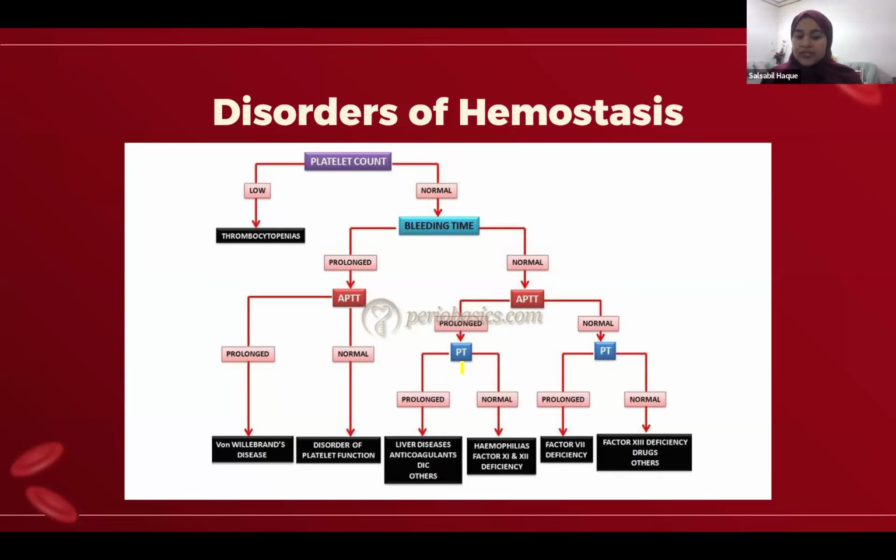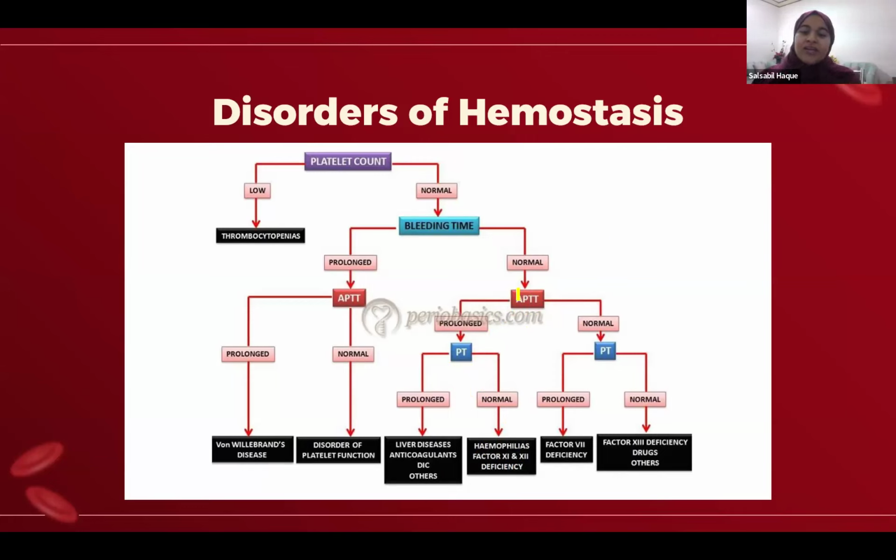This could be liver disease, DIC, anticoagulants, etc. However, if APTT is prolonged and PT is normal, this means it's only intrinsic, which is similar to our case. This happens in hemophilia, and factor 11 and 12 deficiency. So factors of the intrinsic pathway, basically.